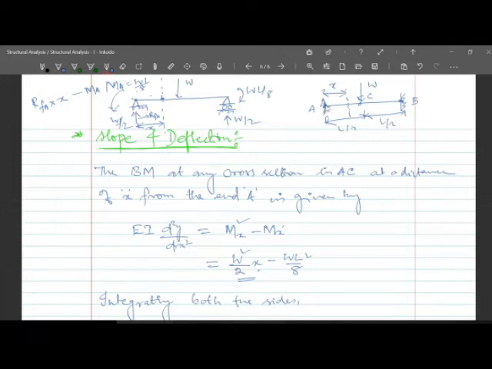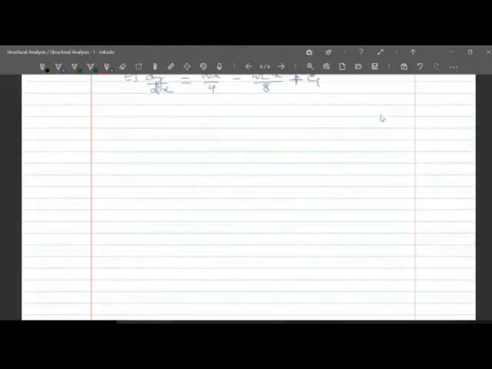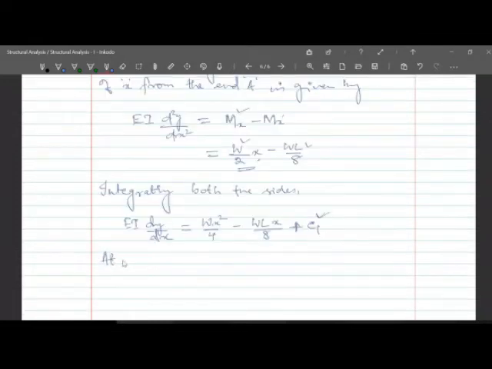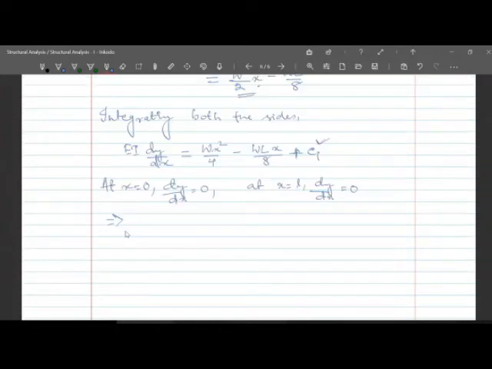So at x equals 0, dy/dx is 0, and at x equals L, again dy/dx, or the slope, is 0.